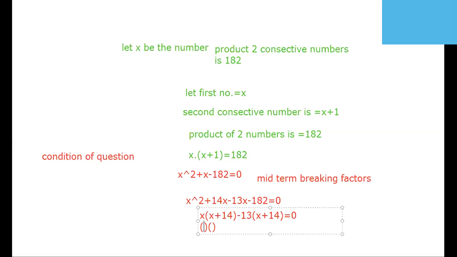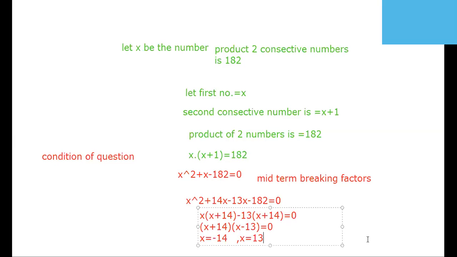One will be x plus 14 and the other one will be x minus 13. So there will be the two factors. If you equate them to 0, you will get two answers: one, x equals minus 14, and the second value x equals 13.